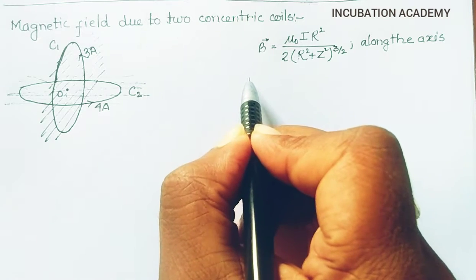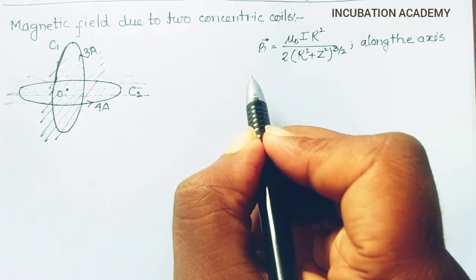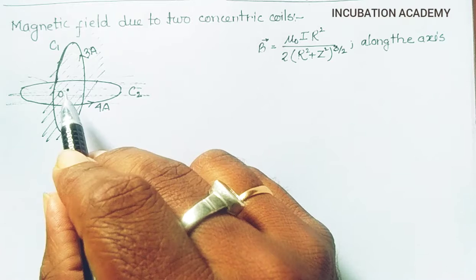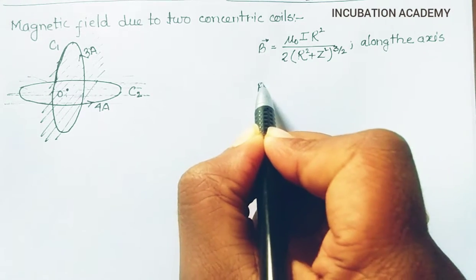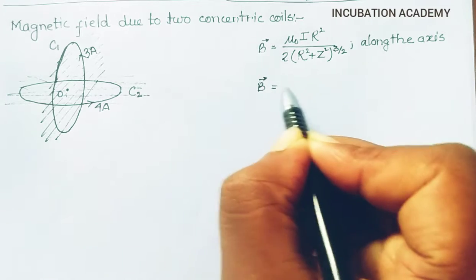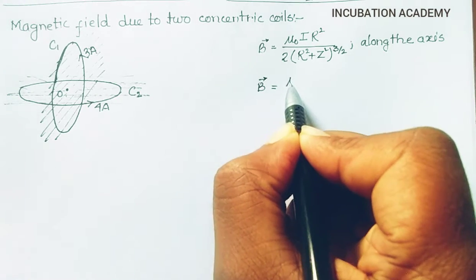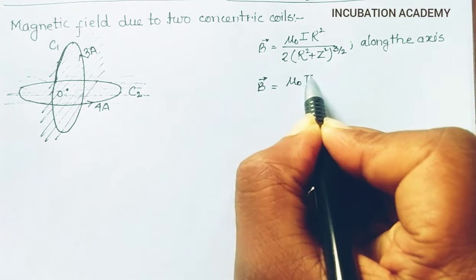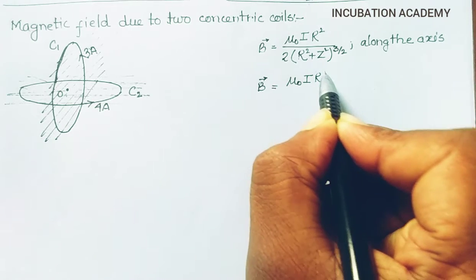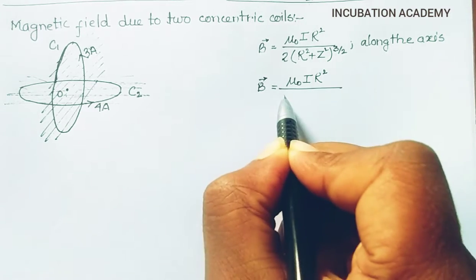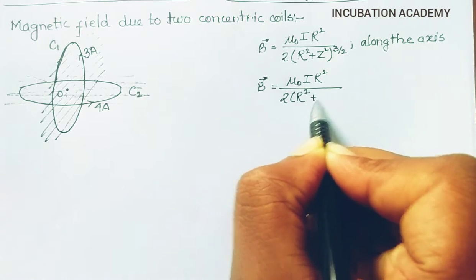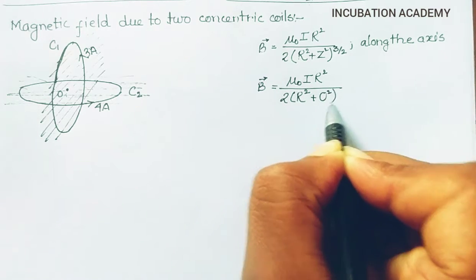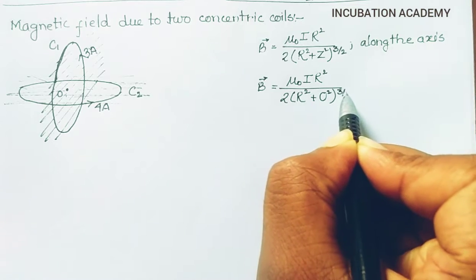But to find the magnetic field at the center of the coil, we put z equal to 0, so it is mu naught I r square divided by 2 into (0 square plus r square) to the power 3 by 2, which becomes mu naught I divided by 2R.